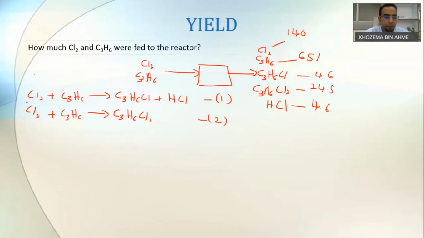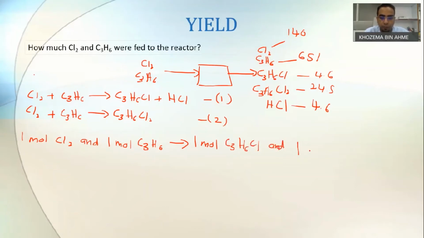So we can see here, based on our stoichiometric ratio and stoichiometric coefficient, 1 mole of chlorine and 1 mole of propane will produce 1 mole of chloropropane and 1 mole of HCl, right?